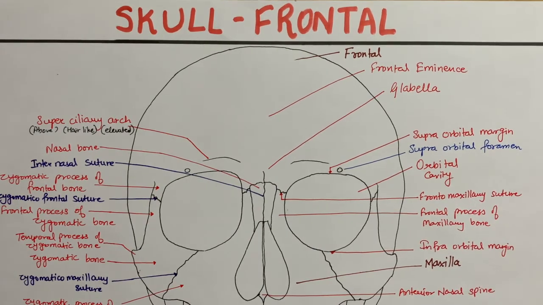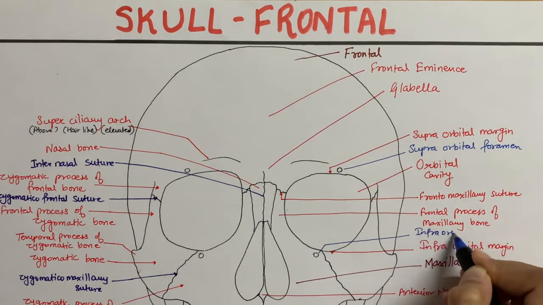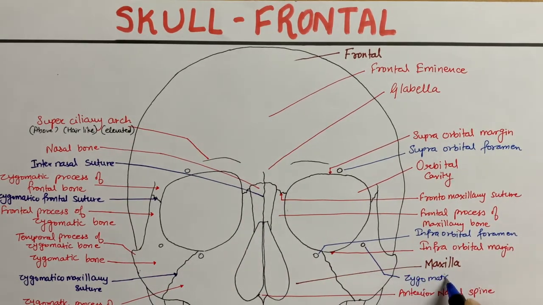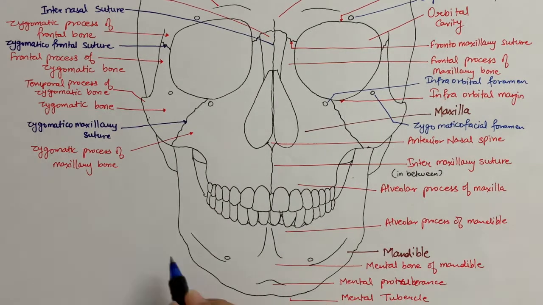The supraorbital foramen is on the supraorbital ridge. Infraorbital is below the infraorbital ridge. Zygomaticofacial is on the zygomatic bone, and the mental foramen is on the mandible near the mental surface. I hope this is really easy to remember. Once you remember the names of the bones, it'll be easy to think of what the foramen's name would be because it's just on that bone.